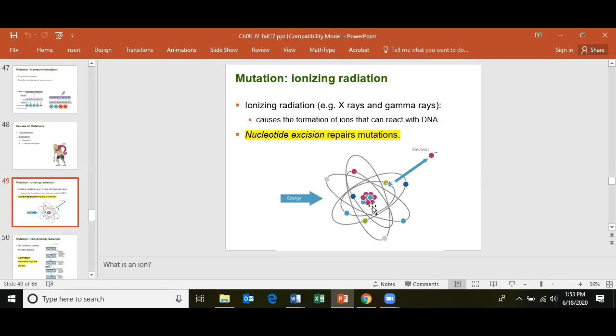And then this ion can react with DNA and cause a mutation. That is how ionizing radiation causes mutations. It can create an ion directly in DNA as well, but most of the time it's creating an ion in the cell, and then that ion bumps into the DNA and mutates the DNA.